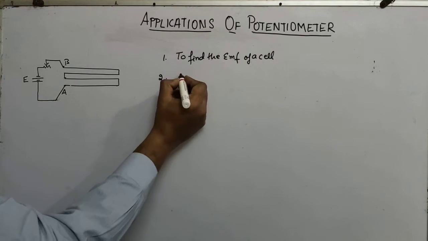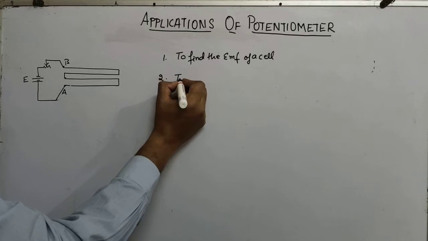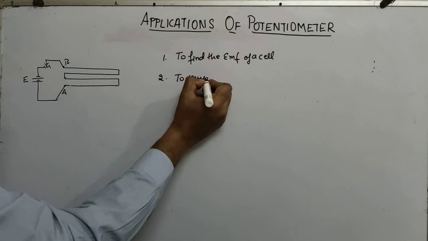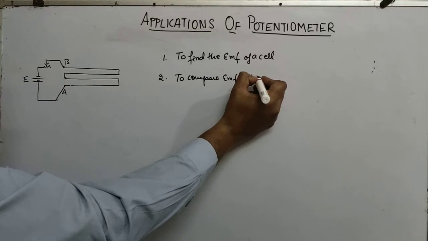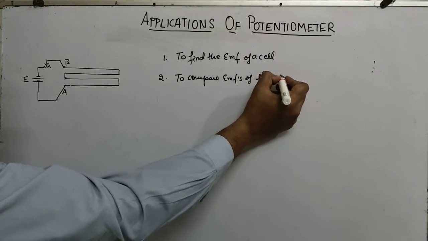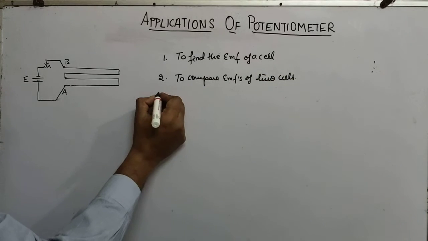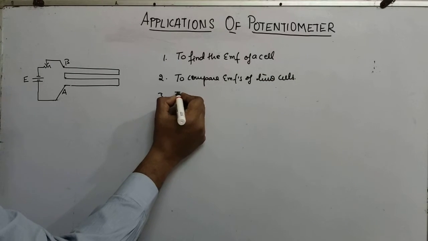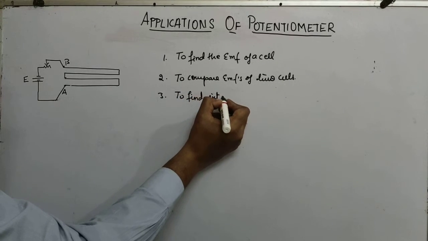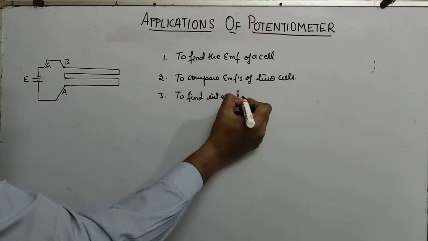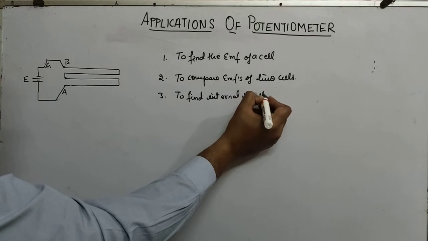The second application is it is used to compare EMFs of two cells, and the third application is it is used to find internal resistance of a cell.